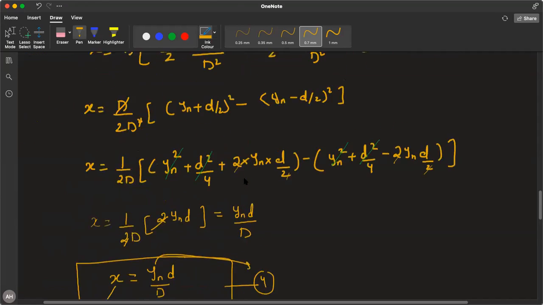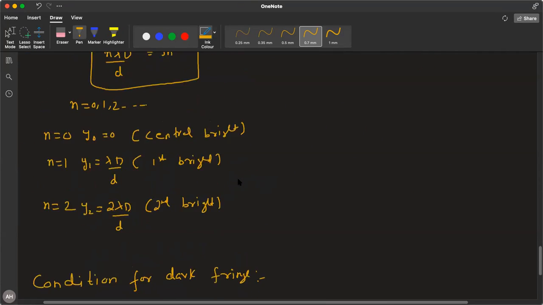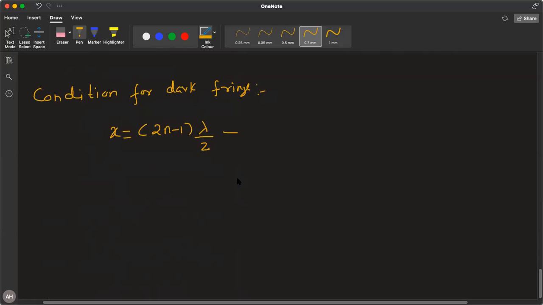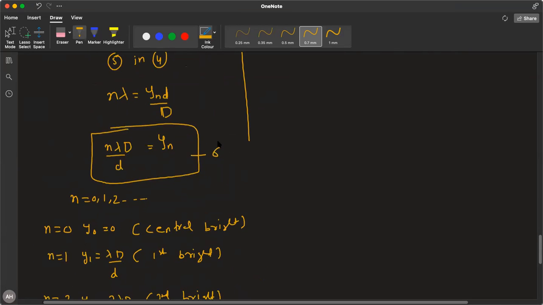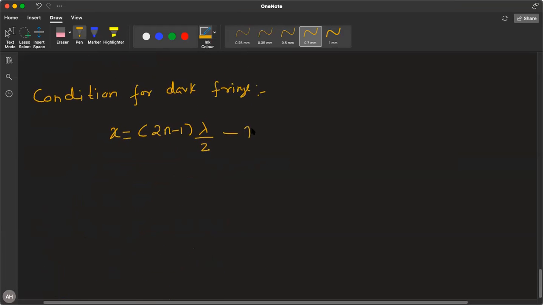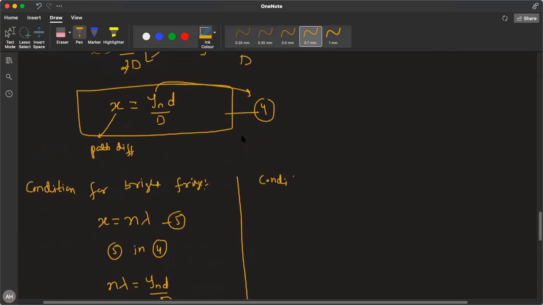Let's call this equation 6, and this 7. We will substitute 7 in 4.